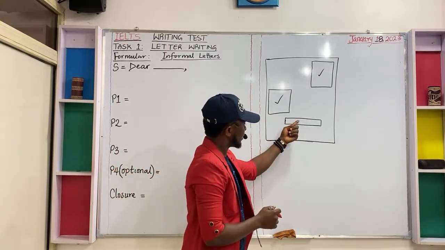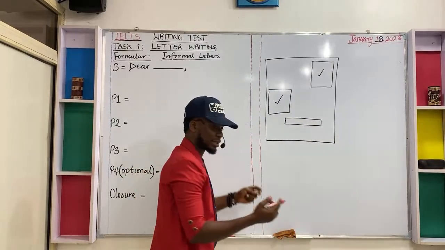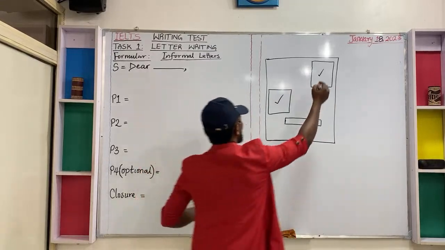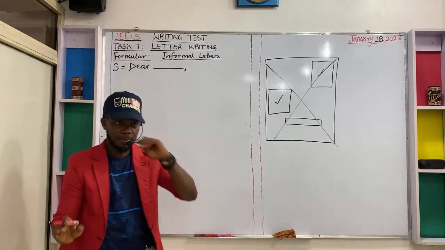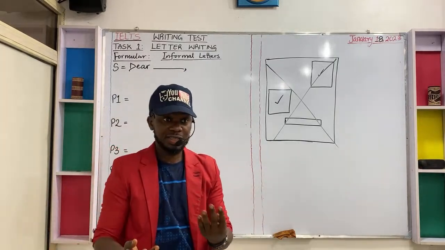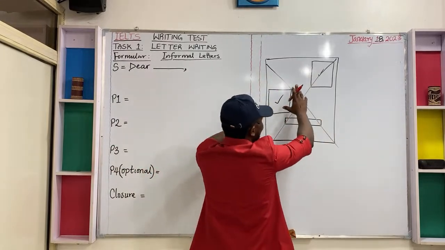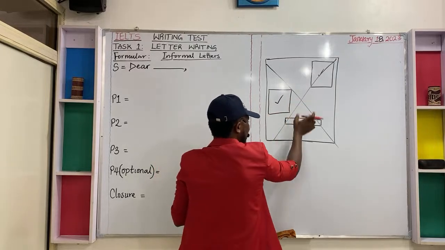Then right here, what do you usually write? The subject of the letter, right? Yes. Now in IELTS, you do not need any of these. Do we understand this? In IELTS, please do not write any of these, whether your address, the recipient's address, or the subject of the letter.